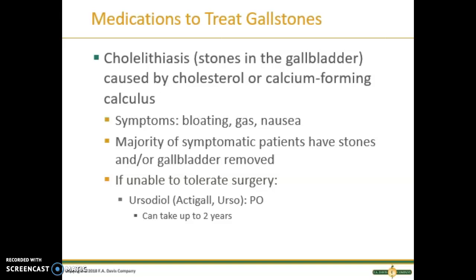Therapy may take up to 2 years, but if no stone dissolution is seen within 12 months, treatment is unlikely to be successful. An example of this is ursodiol, and it is taken by mouth, and again, it can take up to 2 years.